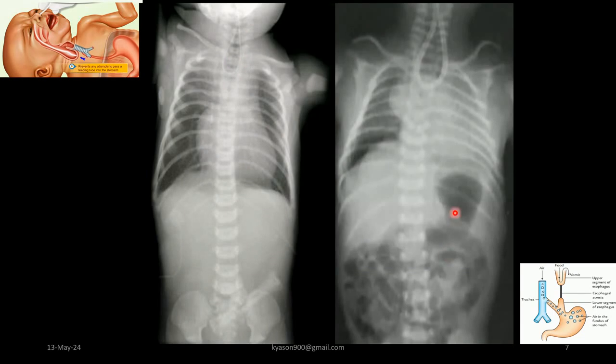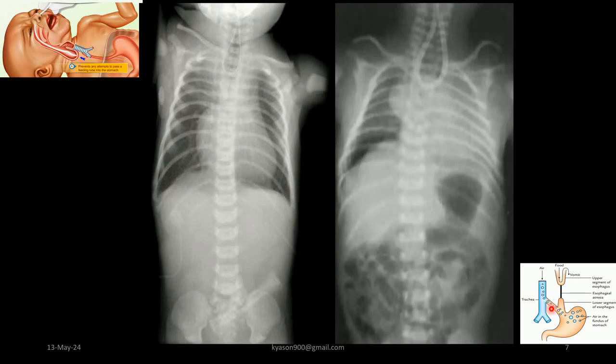But because of the presence of gas within the stomach and excess gas in the intestines, this can be an indication that there is a tracheoesophageal fistula, allowing the air from the airway to enter into the alimentary canal. So that is something that can guide you in concluding that this kid is suffering from a proximal esophageal atresia with a distal tracheoesophageal fistula.